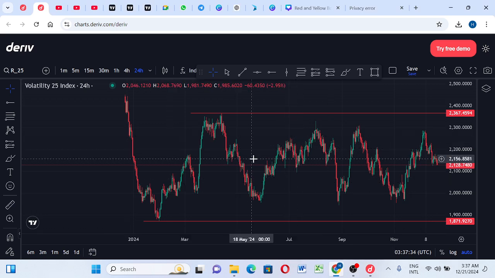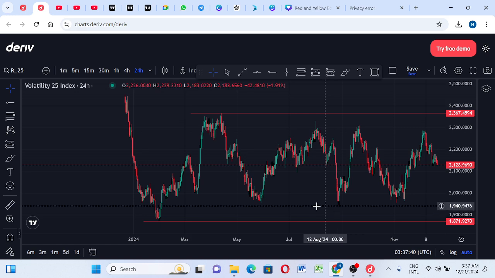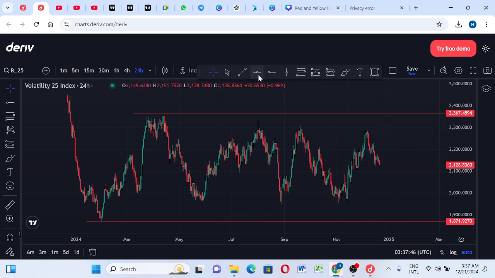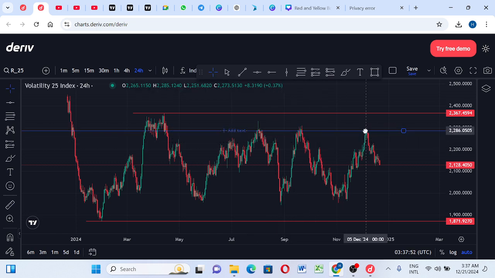So we go back to this place. On this interface, we have this as the lowest point that price has reached, and this as the highest point price has reached. Aside from those two areas, we have this as a point price frequently tapped. If I bring it down, you see price got into this point and dropped, got in here and dropped, got in here and dropped again.